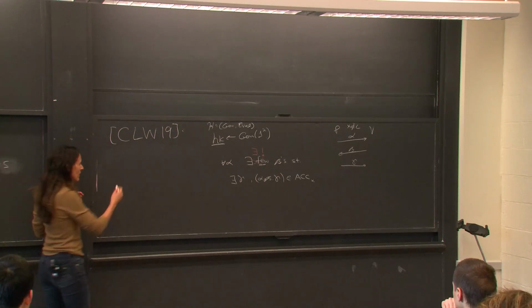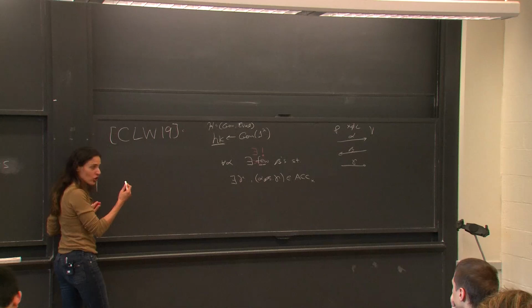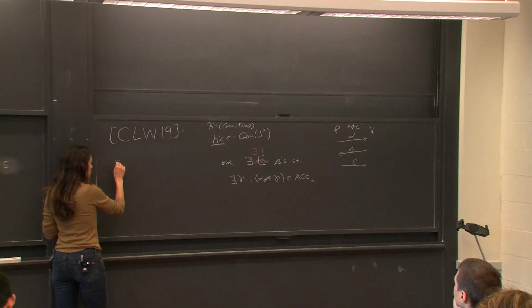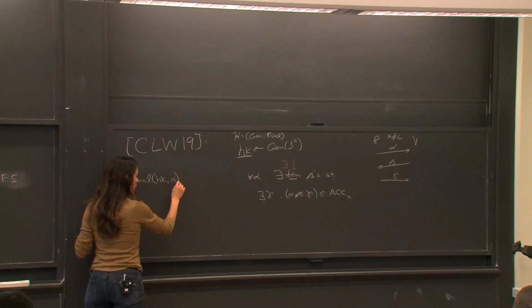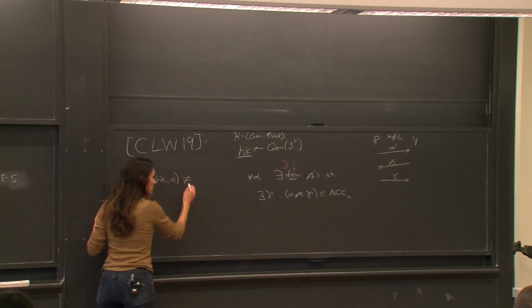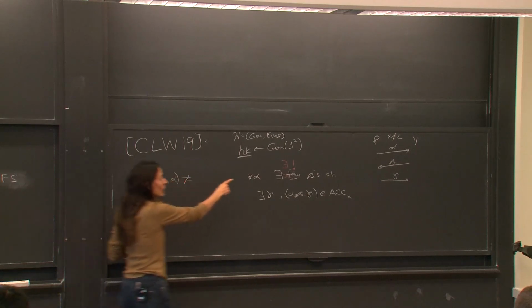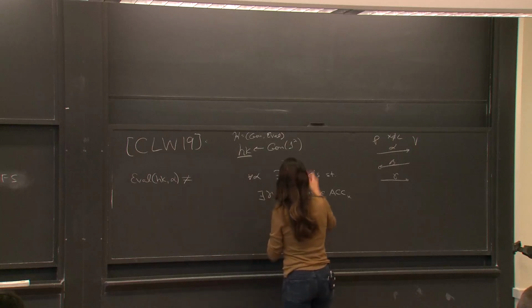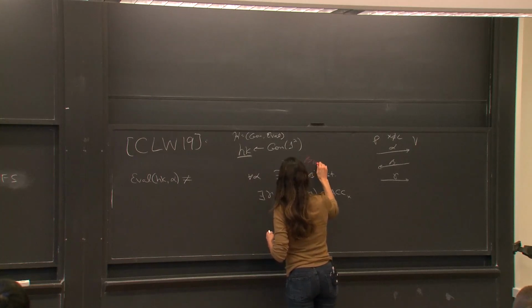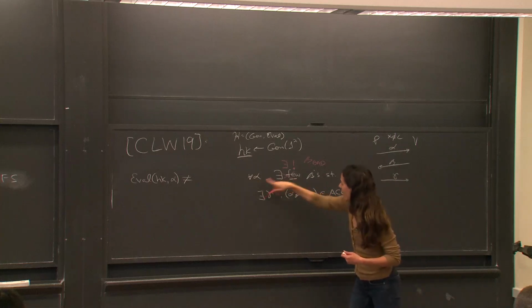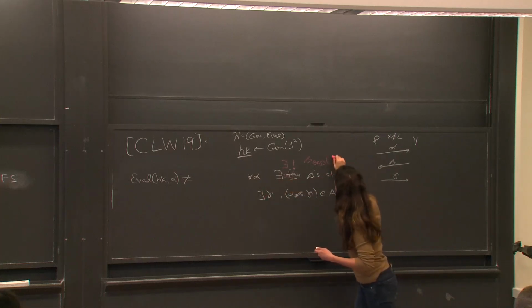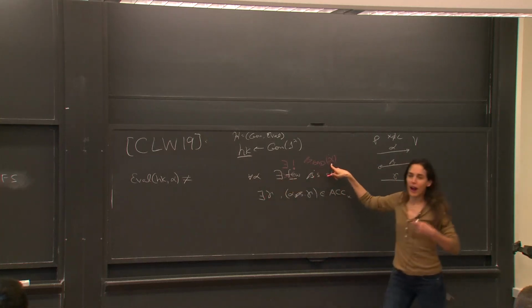All we need is to find a hash H, like a hash key, such that eval of the hash key in alpha is not equal to it. For every alpha there exists a single beta; let me call it beta bad. That's the beta we want to avoid. It's a function of alpha.